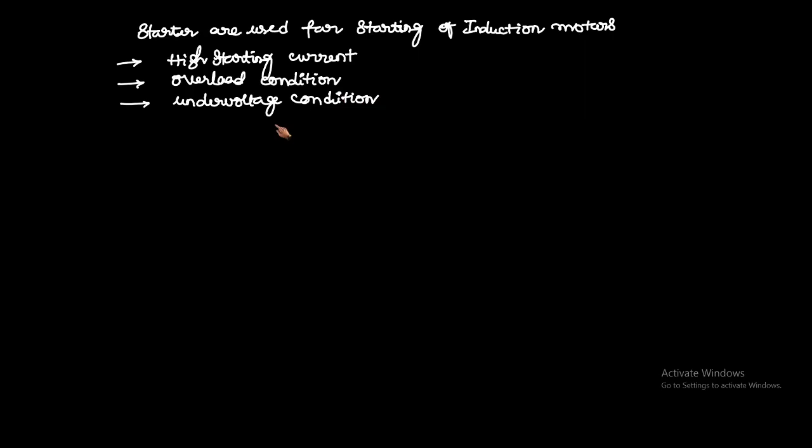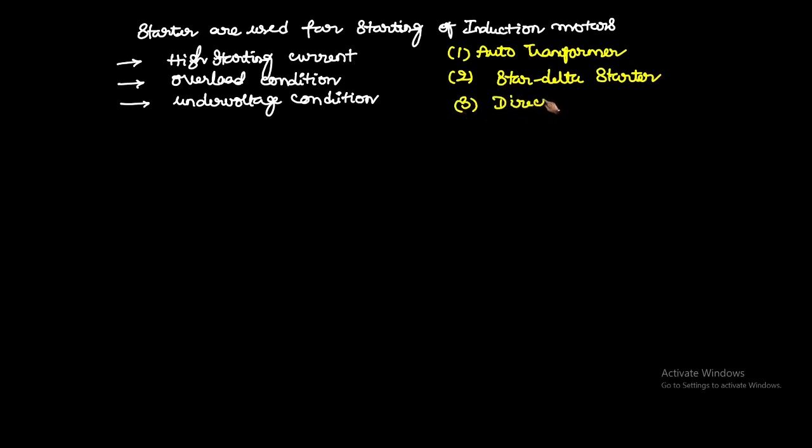induction motors. And there are different types of starters. The first one is the auto transformer starter. The second one is the star delta starter. Another one is direct online, which we normally call the DOL starter.